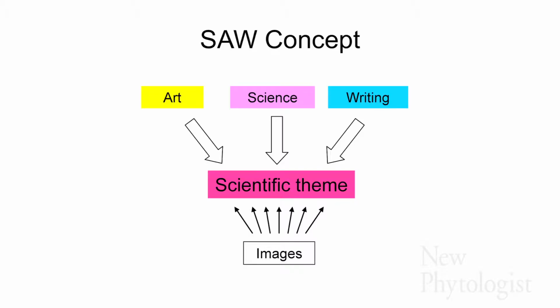So the basic concept is that the scientific theme is the central piece, and then a set of scientific images will be chosen that underpin the theme, and the images link learning in science, art and writing. That's just the general model.